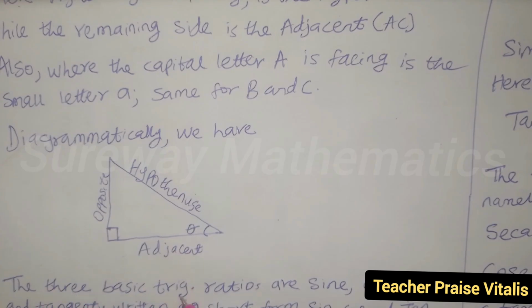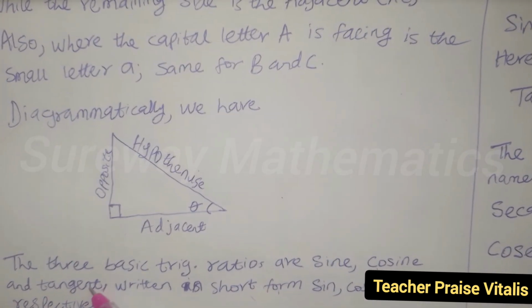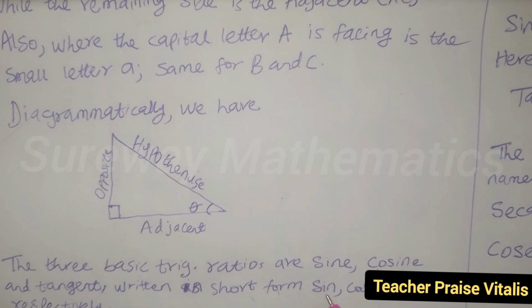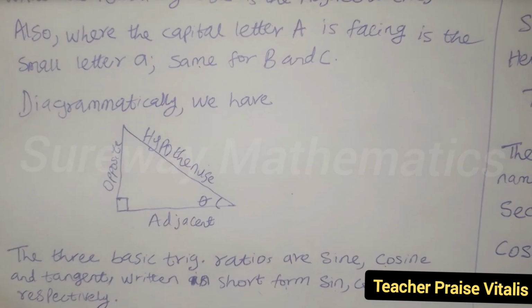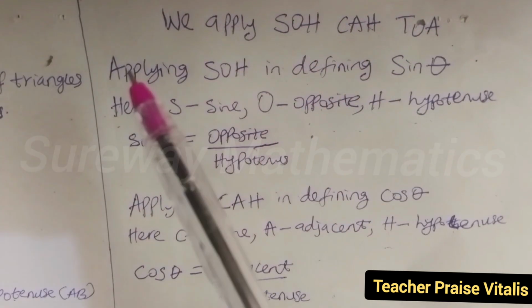The three basic trig ratios are sine, cosine, and tangent, written in short form as sin, cos, and tan respectively. We apply SOH CAH TOA.